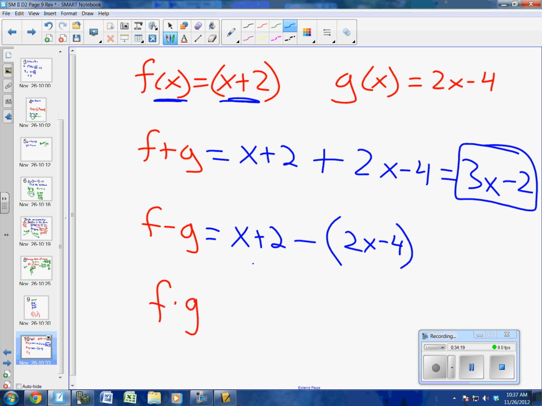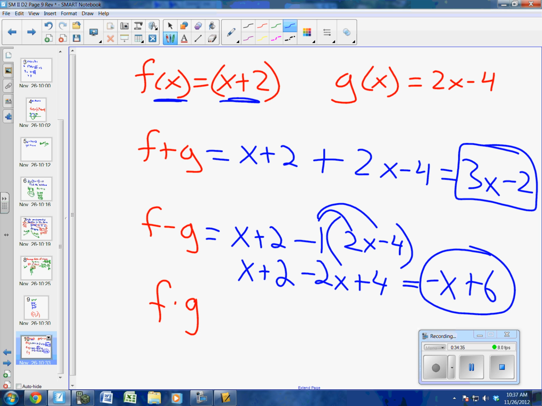I'm going to rewrite this, first of all, x plus 2 minus 2x plus 4, because it's kind of like a 1 here, and if you distribute it through, it changes the signs. And what do I get? Negative x plus 6. Got it? Negative x plus 6.